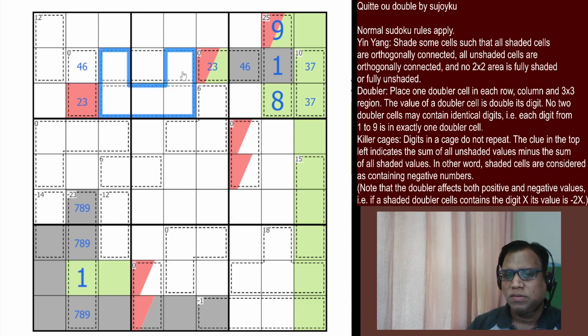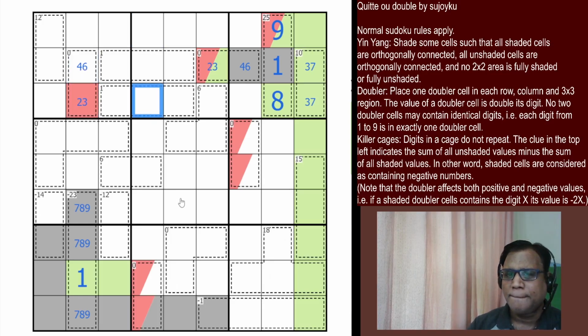In fact, there is at least one shaded region and one unshaded cell in both of these, but we don't know where. And do we know anything about doubler now? Nope. That's 2, 3, that's 4, 6, but this could be positive, negative anyway.